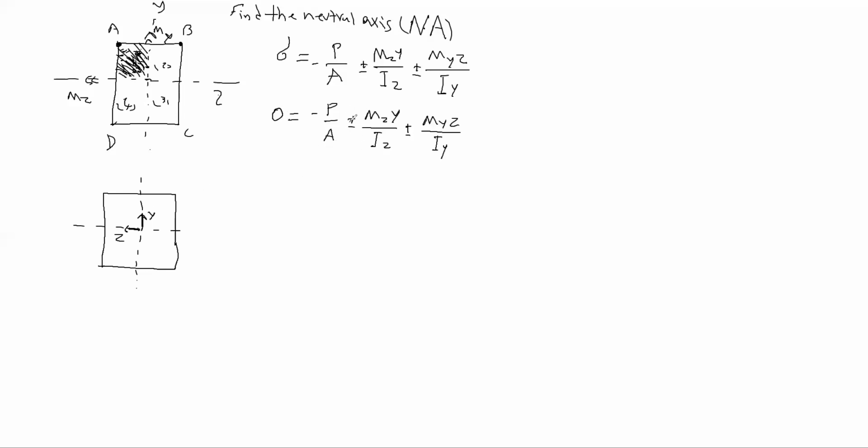And now I want to just use the math. So let's rewrite here 0. What is P over A? P over A is 208.3, and that's the compression. Now in this quadrant, just the area that includes point A, we have MZ here and MY here.